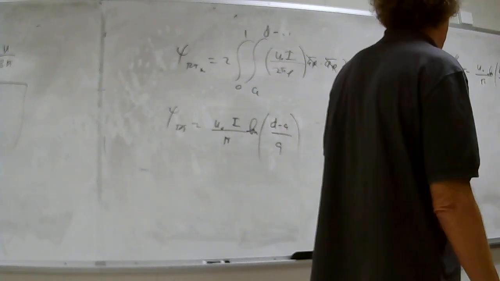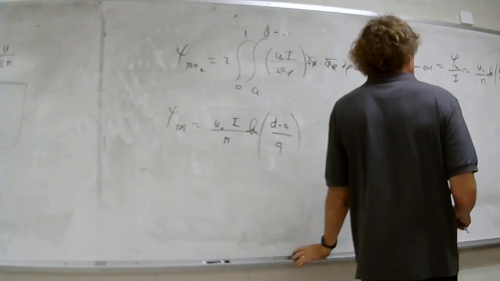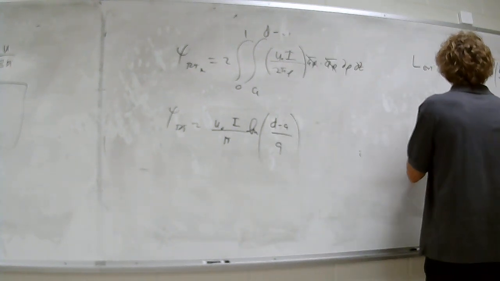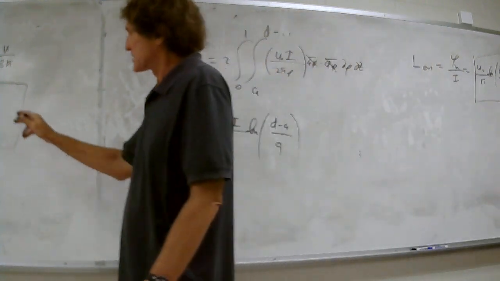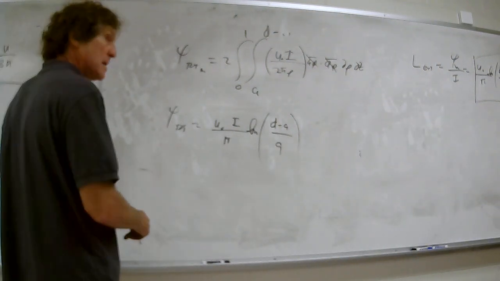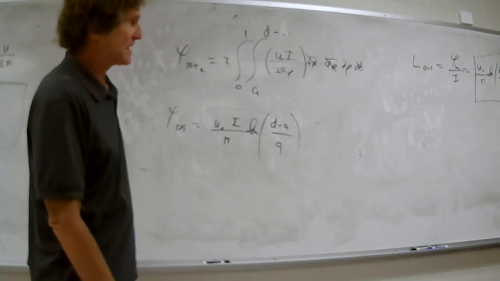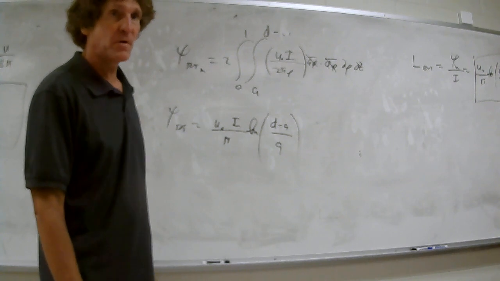Mm-hmm. All right, now the total inductance would be that, whatever it is, plus this. Can you tell me if that's right? That looks right. I think it is right. Can you all follow me in the way to do this?